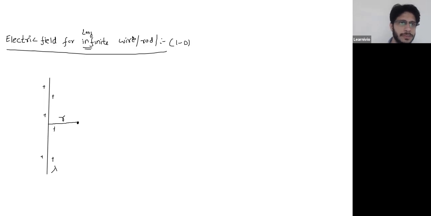So the first step is to consider a Gaussian surface. Can you suggest the appropriate shape of the Gaussian surface for the wire? Cylinder. Right?